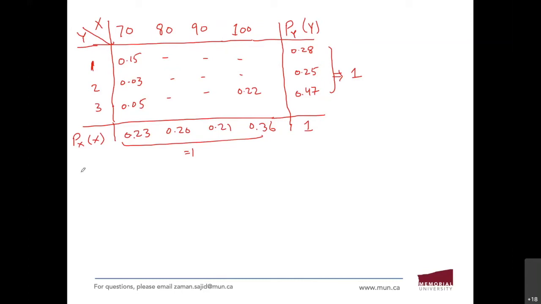So the plot for X. Now the X values I know are 70, 80, 90, and 100. That's what I'm going to have on the axis: 70, 80, 90, and 100.